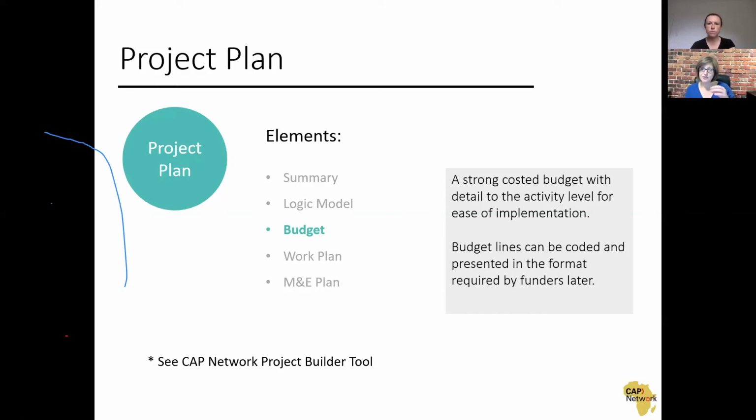The project builder tool that we use actually populates the budget from your logic model. So it prompts you to think through the costs at each activity level. Once you have that, it can be really easy to then just code it to a different funder. And we're going to look at how we do that in a minute too.